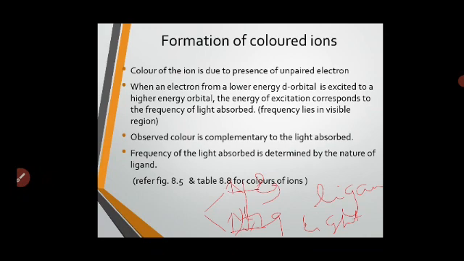Now the possible question here is, why are scandium 3 plus, titanium 4 plus or zinc 2 plus colorless? These compounds are colorless because in this oxidation state, that is 3 plus or 4 plus of titanium, there are no unpaired electrons in the d orbitals.